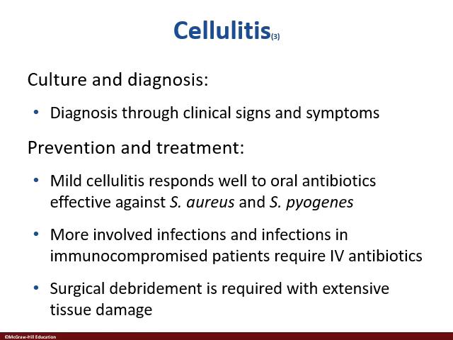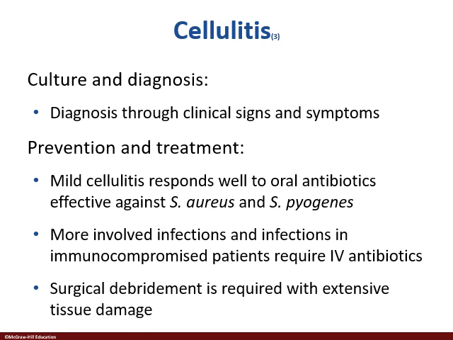Treatment, if it's mild, is just going to be oral antibiotics. Things that have been shown to be still pretty good against Staph aureus and Streptococcus pyogenes are methicillin and amoxicillin.